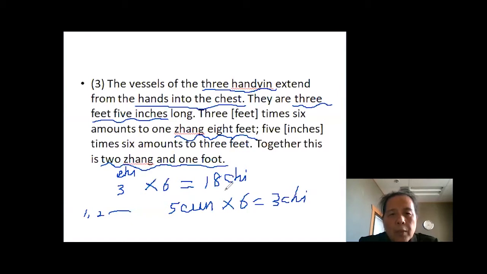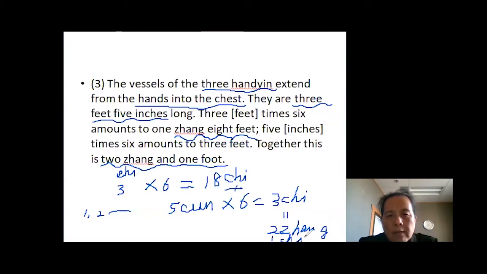Then they put the numbers together, which equals 2 zhang 1 尺.